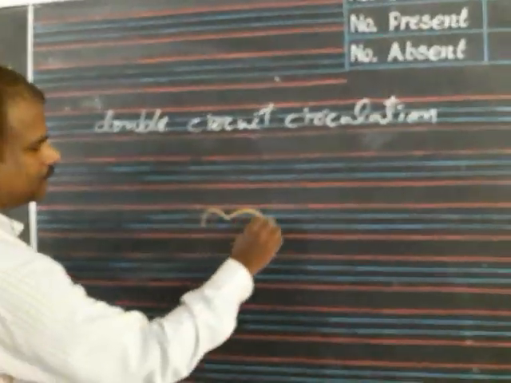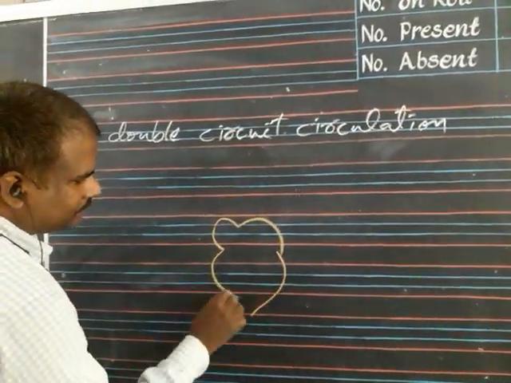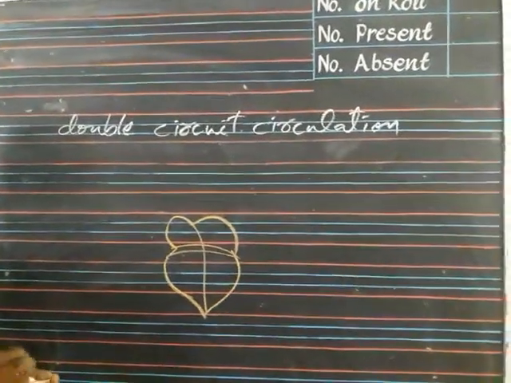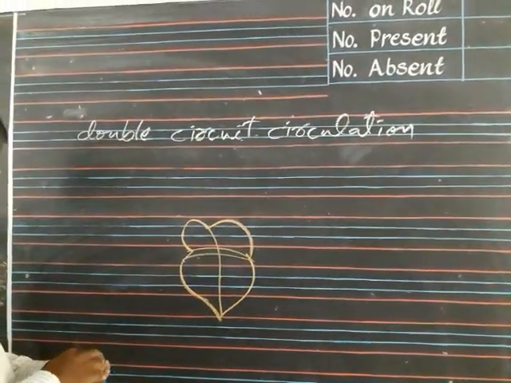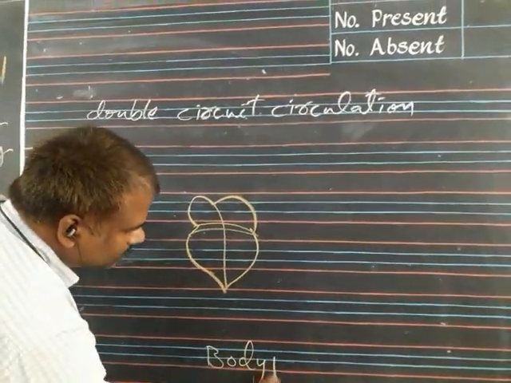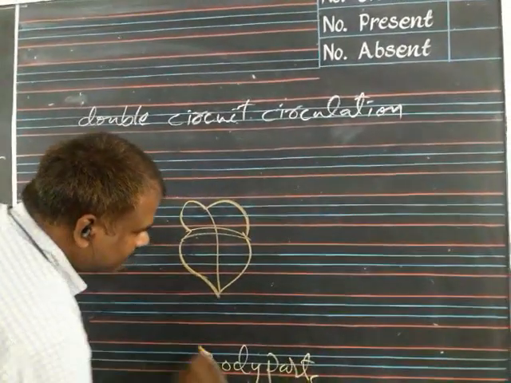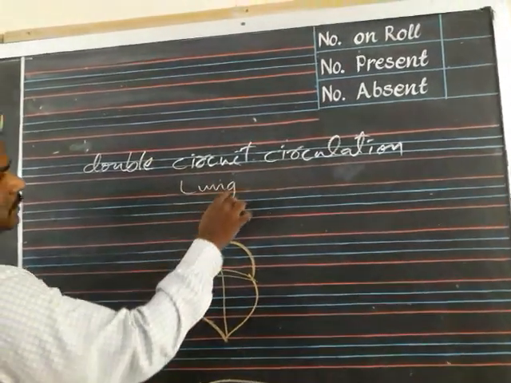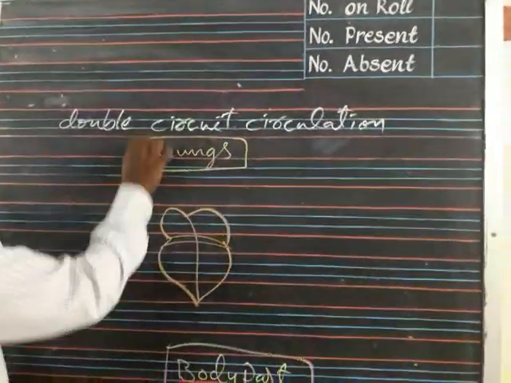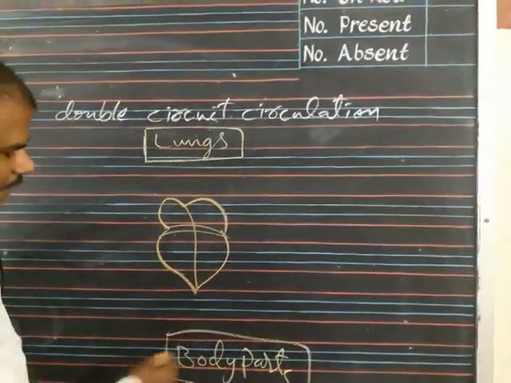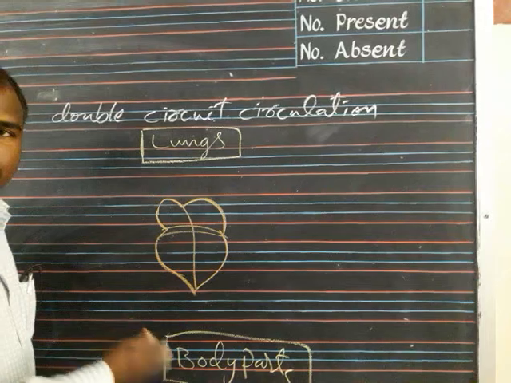In the middle the heart is placed like this, with auricles and ventricles, and here the body parts and here the lungs. We can understand very clearly how blood circulates in the body.